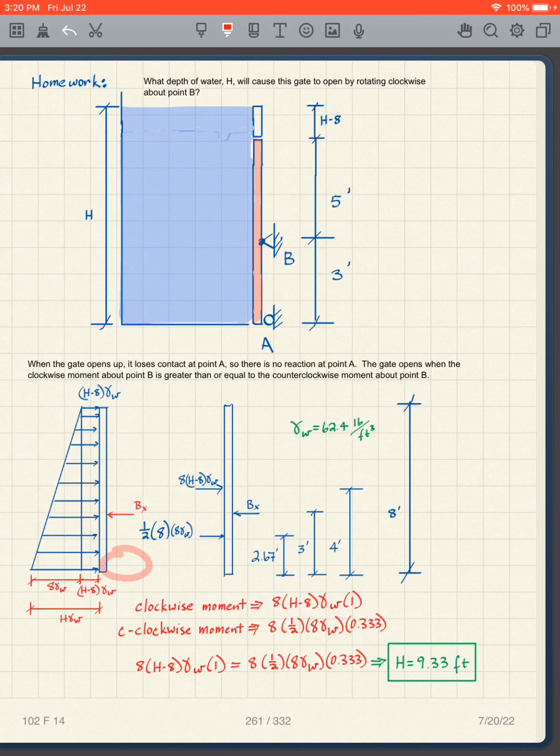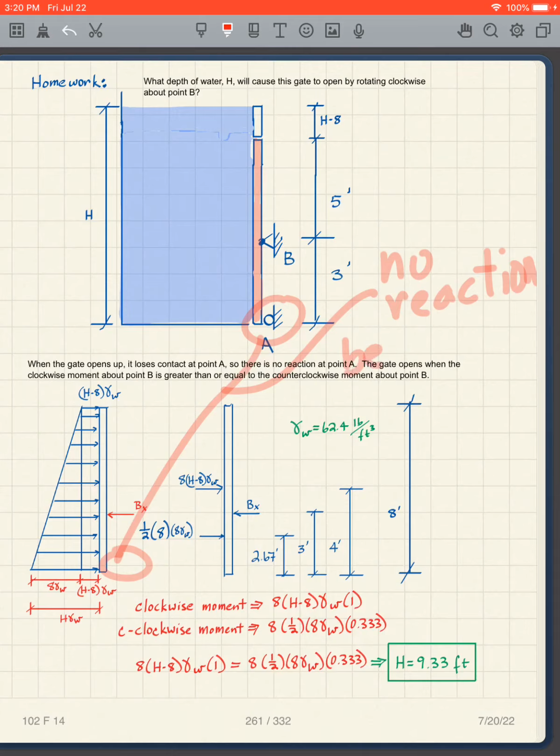That's why I did not show a reaction there, because the gate begins to rotate.